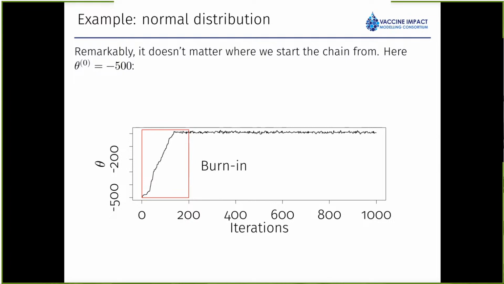So when we run MCMC, one of the things we do is we run it for a long number of iterations, and then we have a look at these plots, which are called trace plots, and then we throw away this stuff at the beginning, all right? We get rid of it because they are not random samples, because at this point, the Markov chain has not converged to the true distribution, okay?